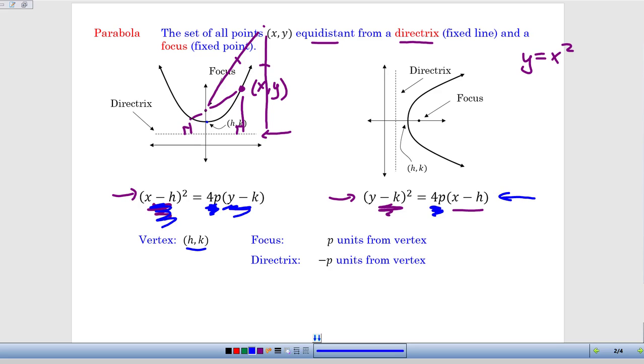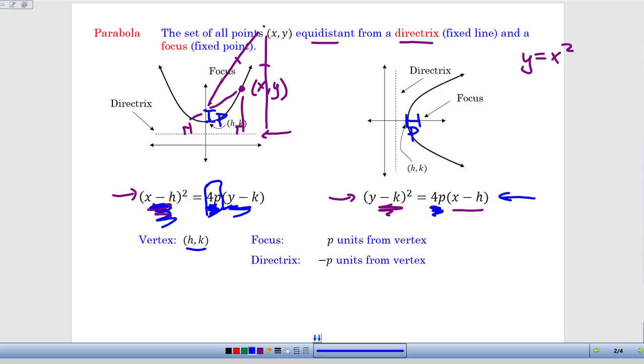That number out in front has a value of 4 times this number p. And p is the distance from the vertex to the focus. This distance right here, from here to here, that's p. The distance from here to here, that's p.